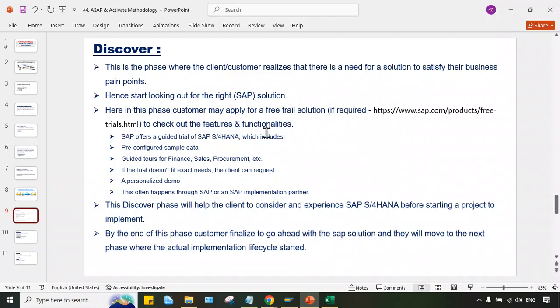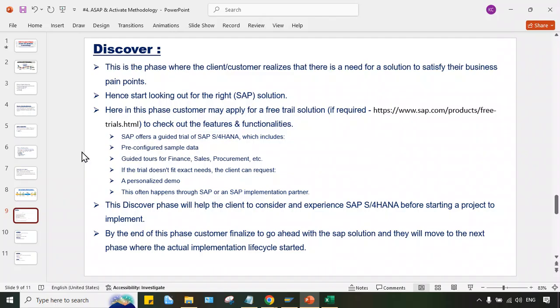Now, if the client is totally new to SAP, then they can go for a trial also. Trial means to check out the features and functionality. SAP offers a guided trial of S4 HANA, which includes pre-configured sample data, because the client is not the expert, guys.